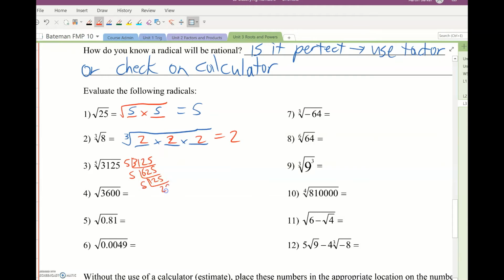Divided by 5 is 25. Divided by 5 is 5. So the fifth root equals 5 times 5 times 5 times 5 times 5. Therefore, it equals 5.